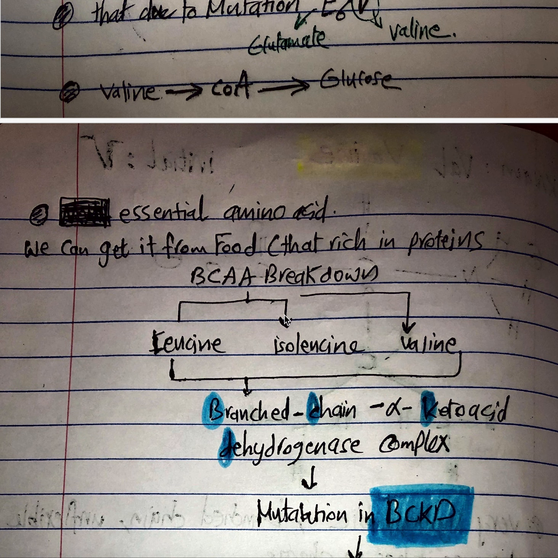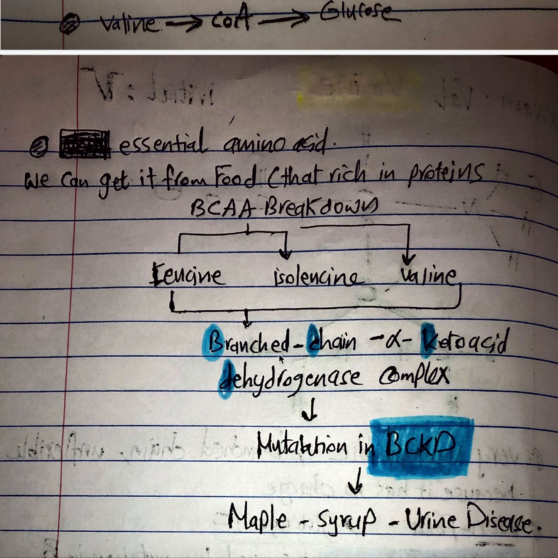Valine is a branched amino acid. When branched amino acids like valine, isoleucine and leucine break down, they lead to the branched chain alpha keto acid dehydrogenase complex.